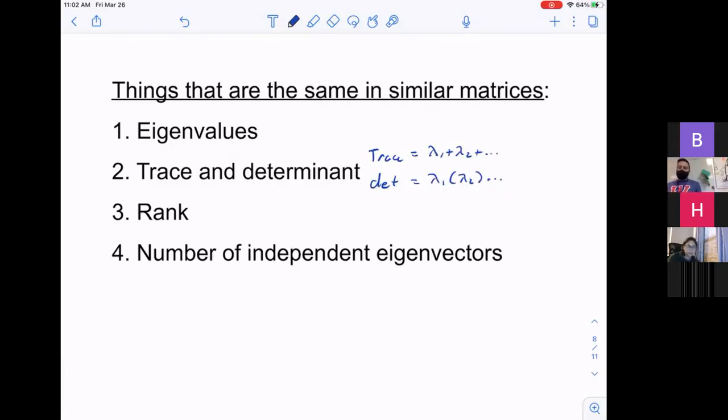You'll have the same rank, which means you have the same number of vectors in a basis for your 4 subspaces. You'll have the same number of pivots, the same number of free variables, all that stuff. And you'll have the same number of independent eigenvectors.